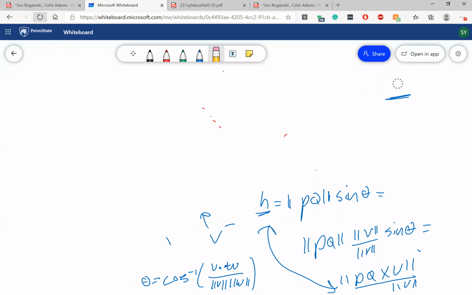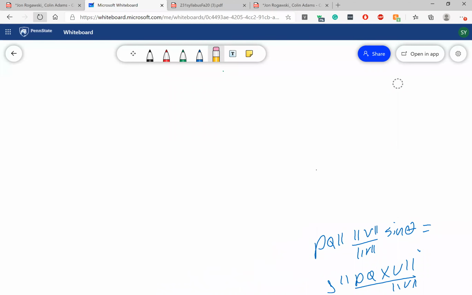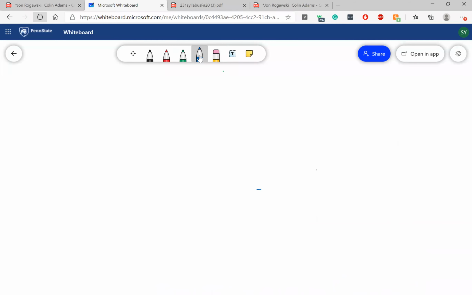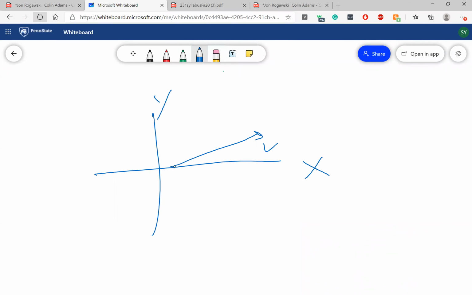They're telling us that in R2 you can also find the area made by two vectors. So, this is x, y. Here's a vector v and here's a vector u.